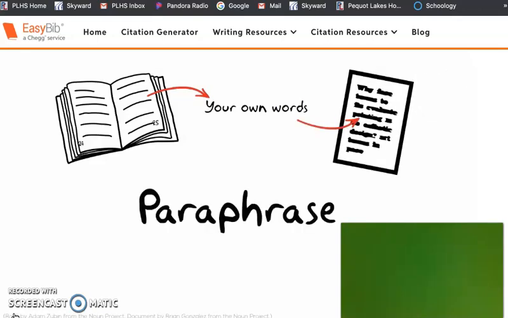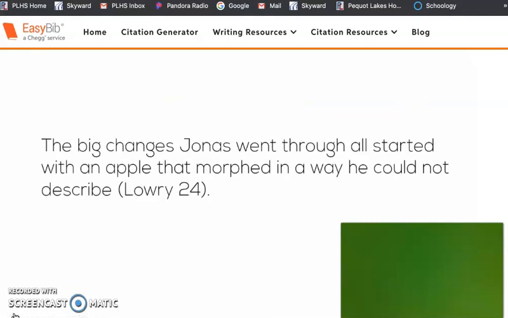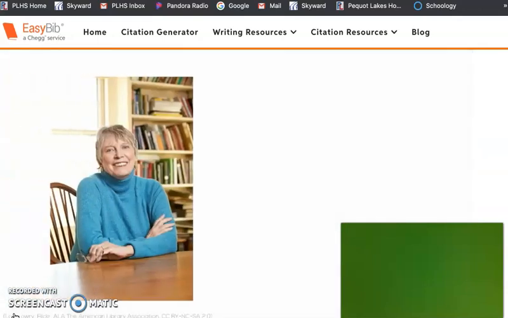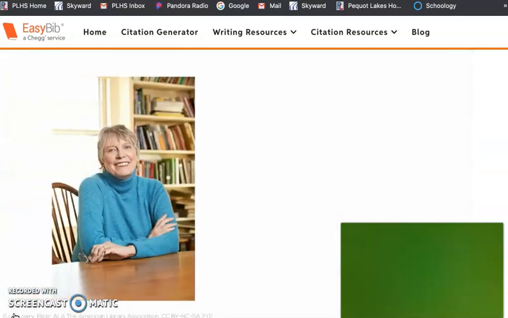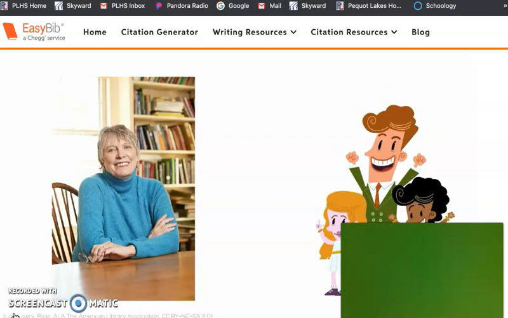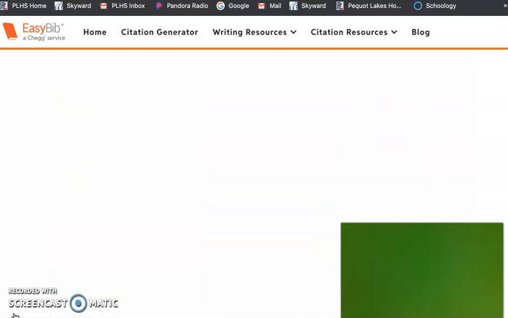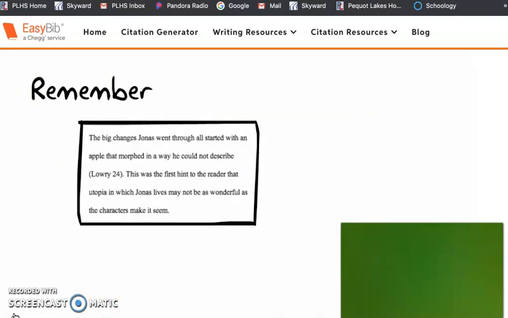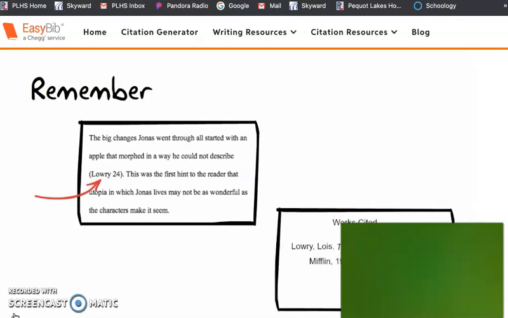This is called a paraphrase, and while you don't need to include quotation marks, you still need to include an in-text citation. This will give credit to Lois Lowry's writing and let your teacher or classmates know where the event happened in the book. Remember, make sure that the first word in the in-text citation matches the first word in the citation of your bibliography. That way, when people want to learn more about the source in your paper, all they have to do is look for the same word in the bibliography to find it.